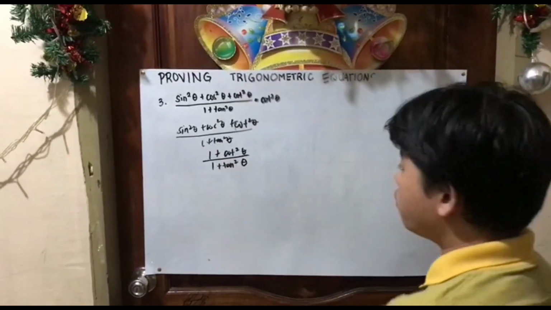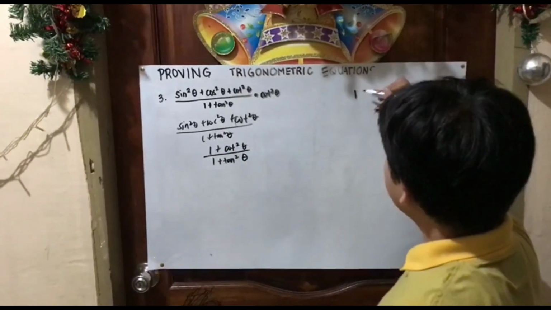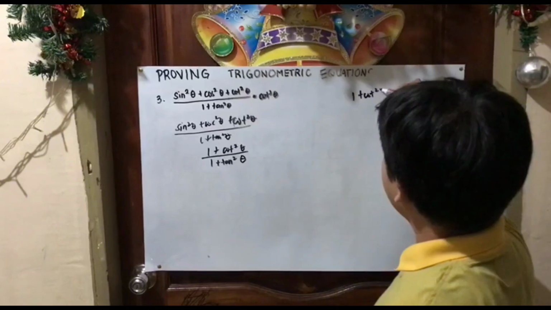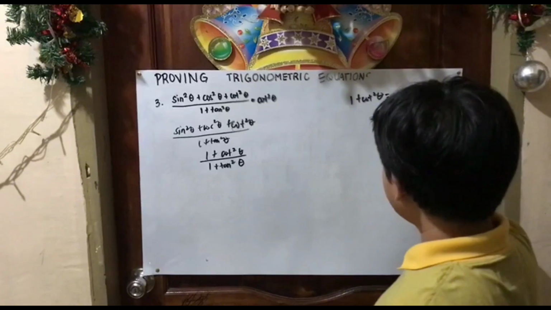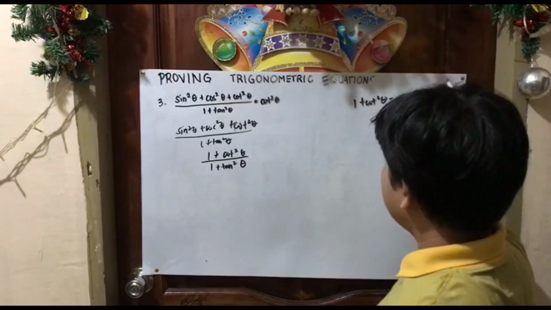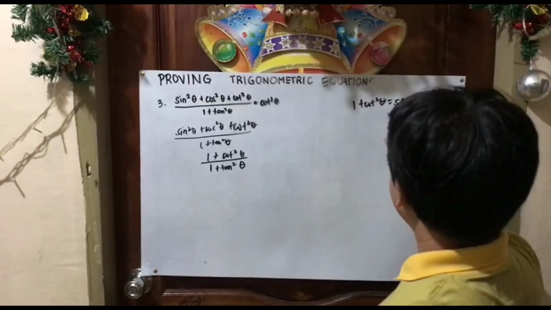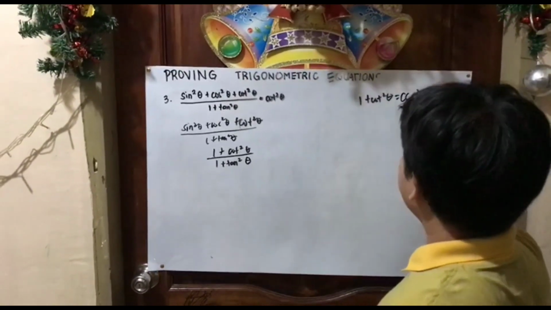Here, we also have identities. As we all know, 1 plus cot squared theta is equal to secant squared theta. Sorry, I mean it is cosecant squared theta rather.